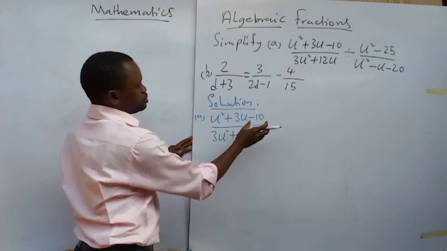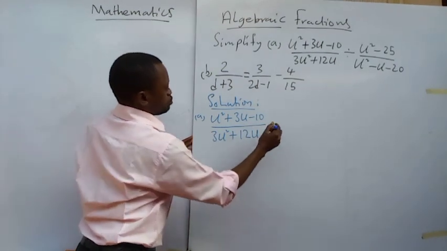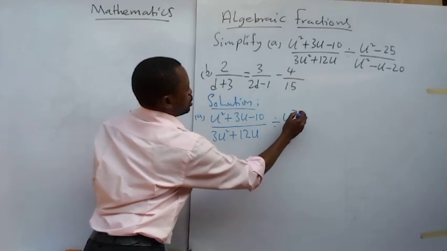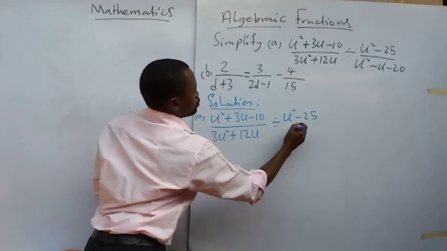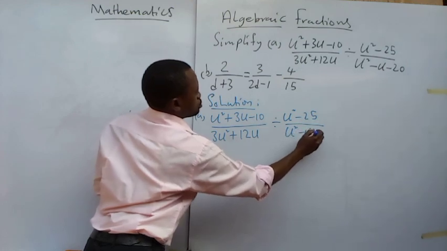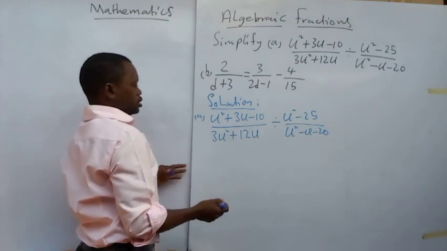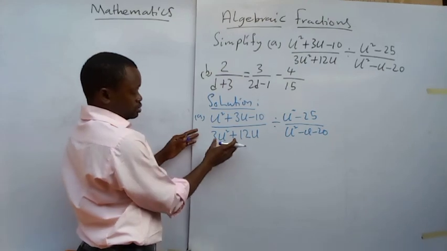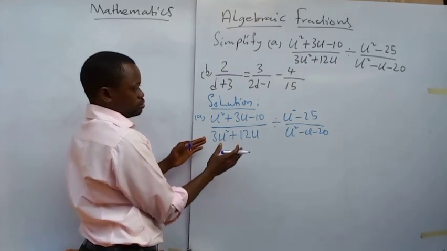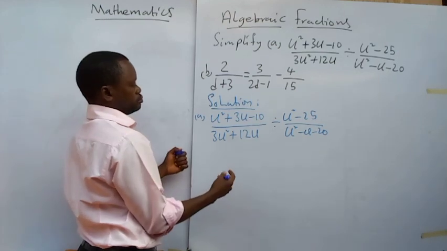I'm thinking whether to bring in the other one or to work on this first, but let me just put it there: u squared minus 25 all over u squared minus u minus 20. Okay, there are some things that need to be factorized here. Maybe I will handle them and then return back again.